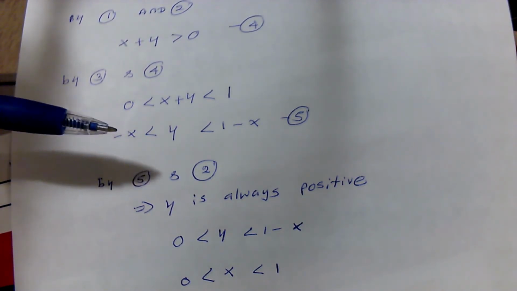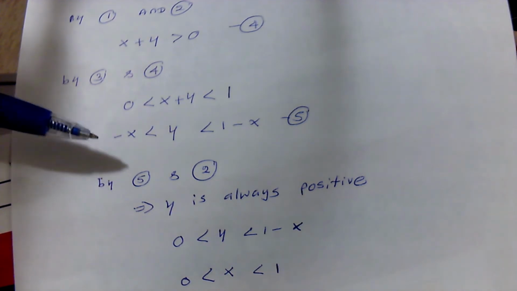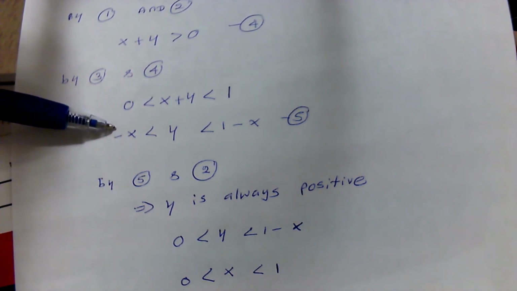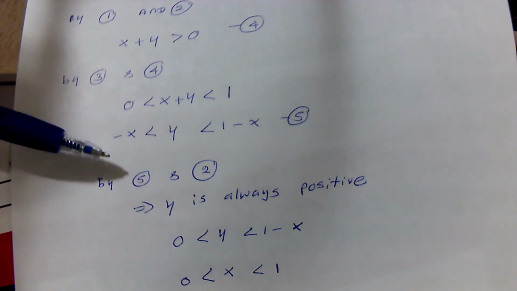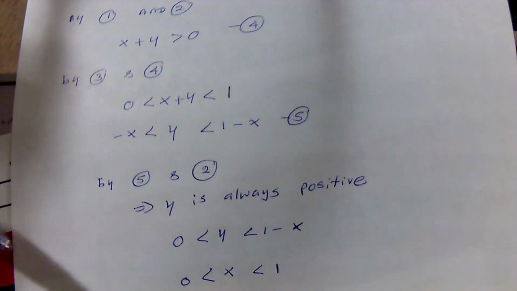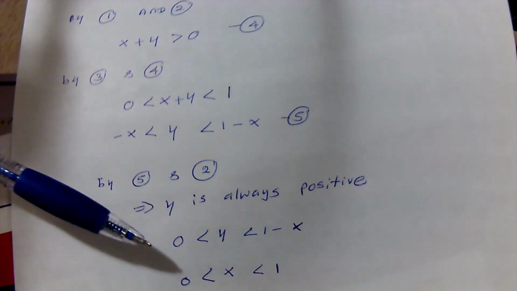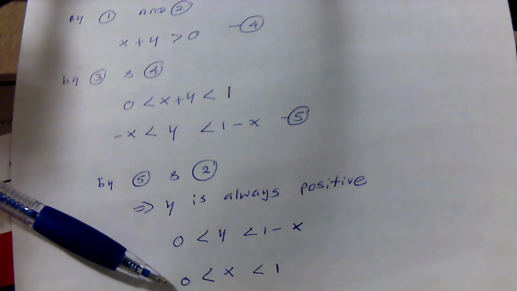So in order to satisfy equation 2, you can rewrite this inequality based on equation 5 and equation 2, because y is always positive. So now you have y is between 0 and 1 minus x, and you already knew that x is between 0 and 1.